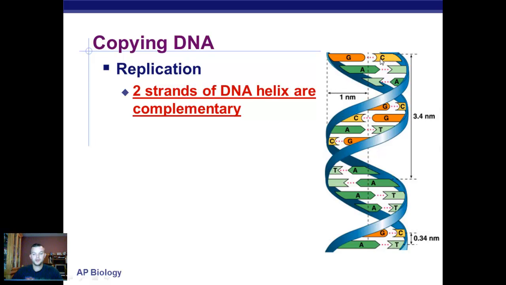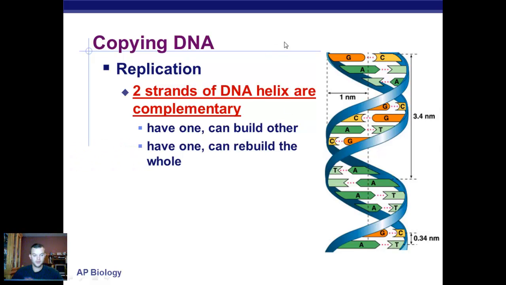We already talked about the fact that the bases match up with one another. That's what we mean by complementarity. So if we have one side, then we know what we need to build the other. As long as one of the sides exists, we can have something, primarily a protein, that's going to go through and help build the other side.